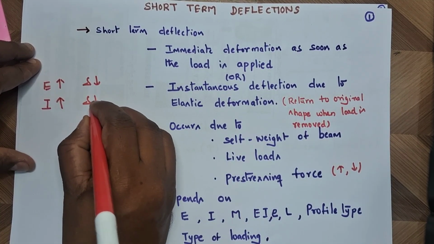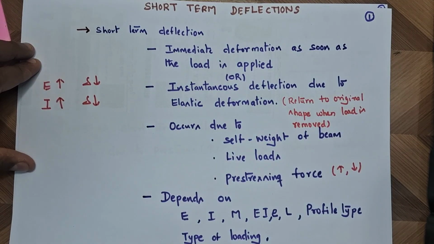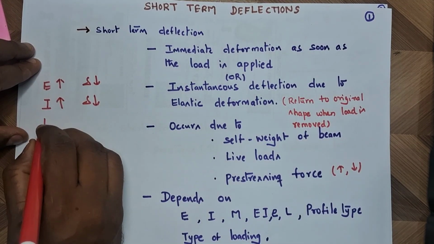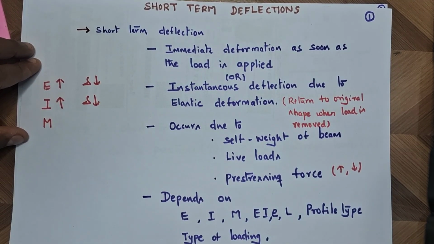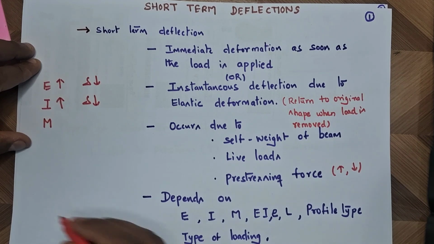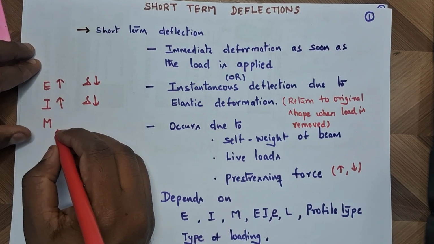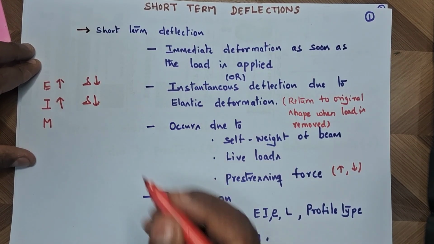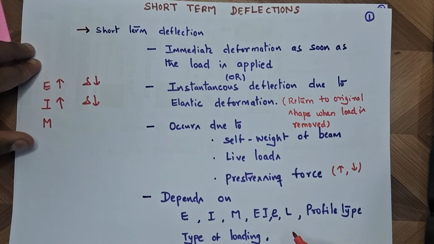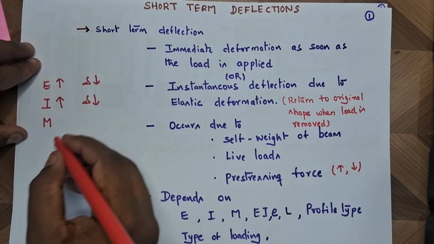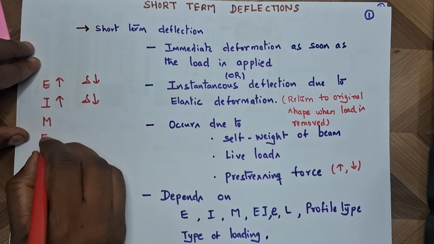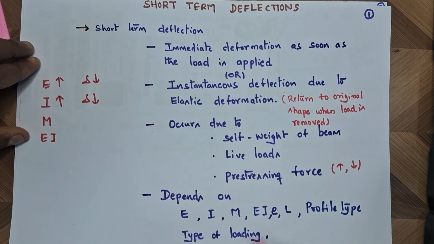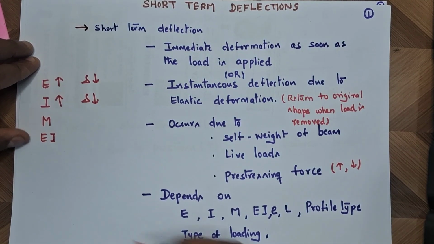Deflection will be less. Next, bending moment. If we apply more moment, it deforms more. Next, flexural rigidity, EI.